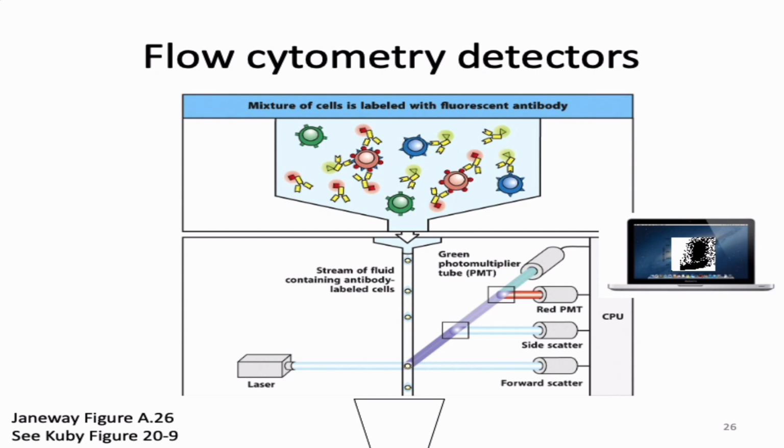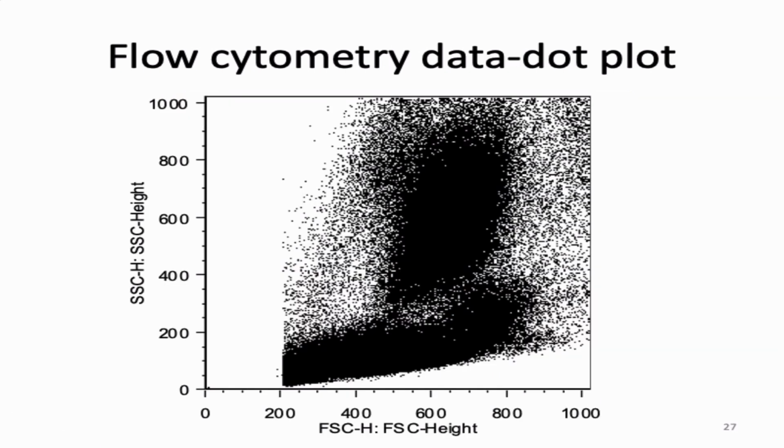And so for each of my 1,000,000 cells, I would have 6 values. How big, how granular, how much red, how much green, how much of my 2 other colors on every cell. And so then I just get a whole bunch of data that looks like this on my computer. Each dot on this plot is a cell. And this is actual data from my PhD.